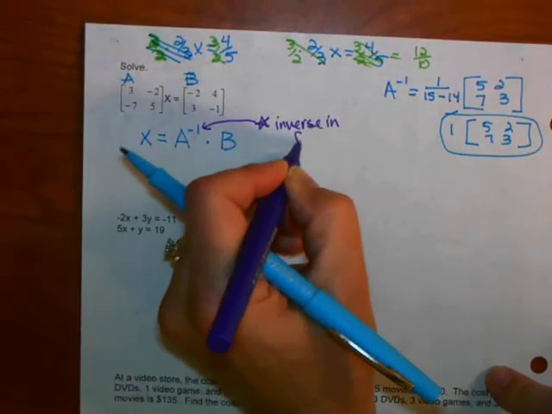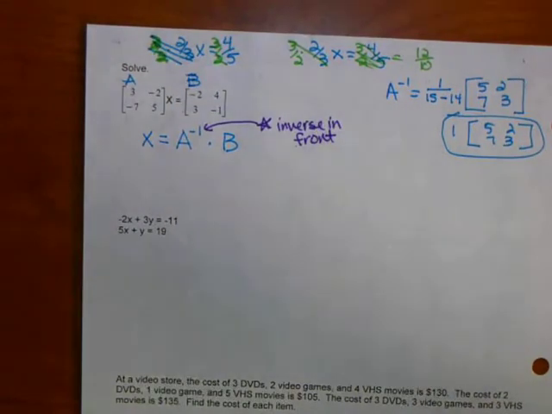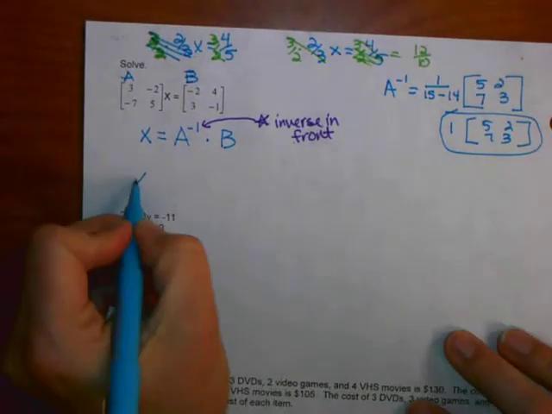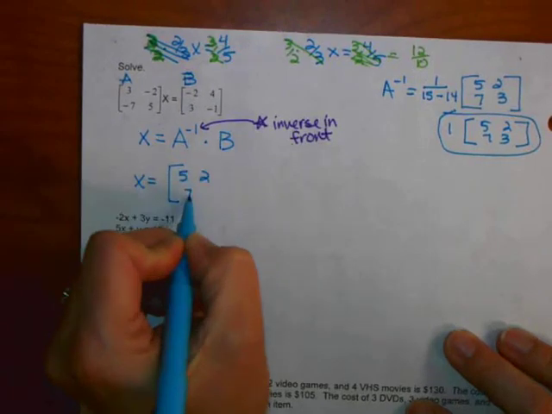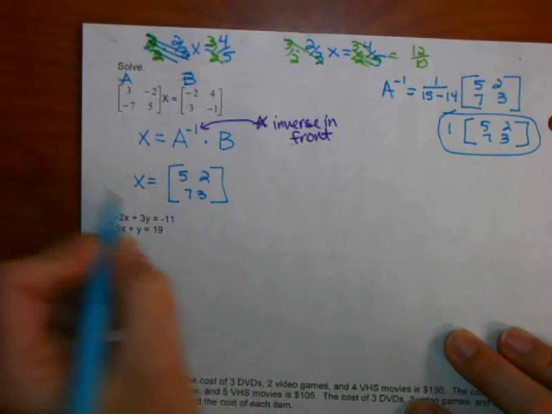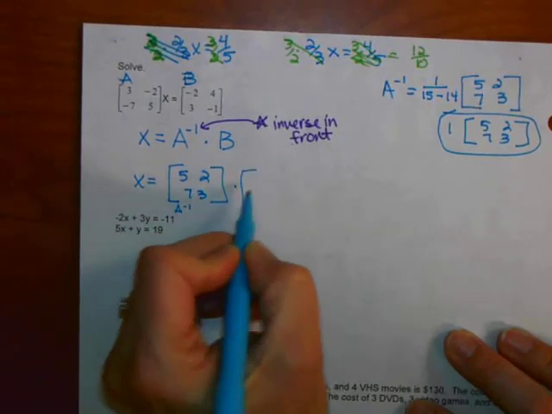Why? Because you won't get the right answer if you multiply it the other order. Remember, you're multiplying rows times columns and adding the elements, and it doesn't work out if you don't do it with the inverse in front. So I'm going to do that. The inverse is 5273. That's my inverse of A times B.